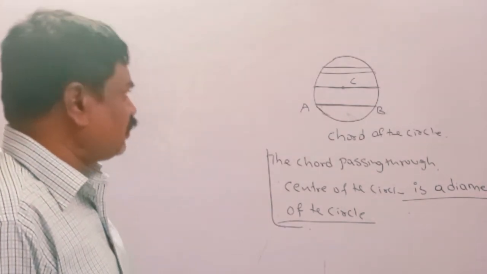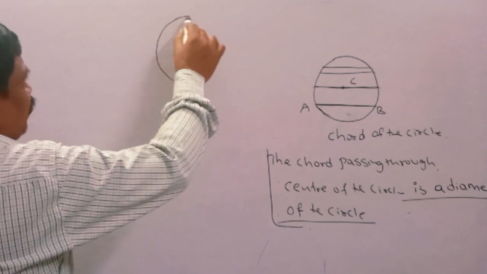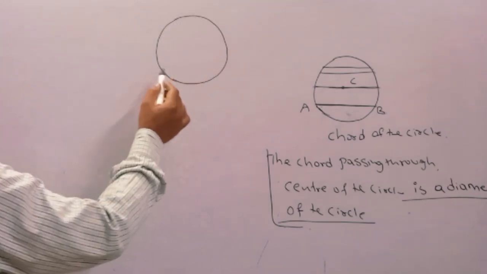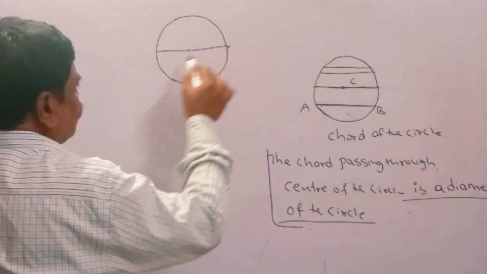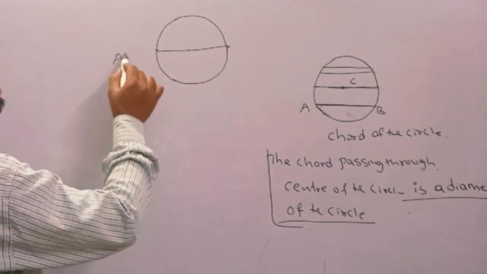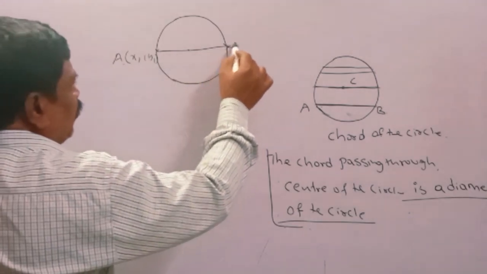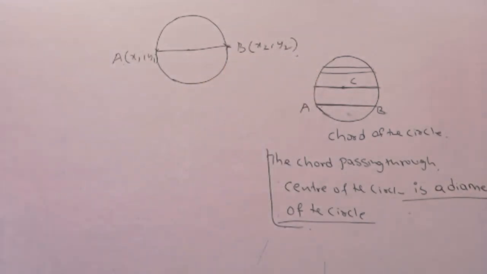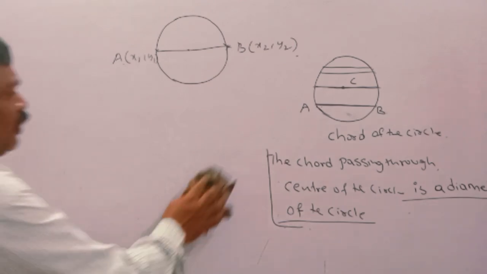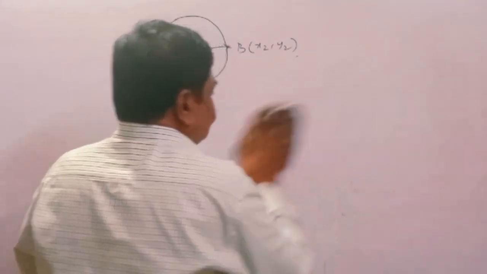And here you see all of you. Suppose the circle is there. This is the circle, and this is the diameter of the circle, and here point A is x1 comma y1 and point B is x2 comma y2. Okay, all of you.